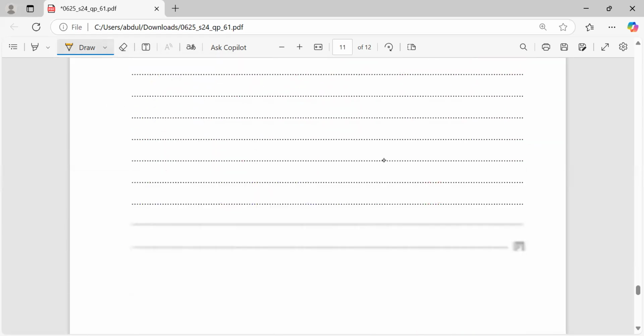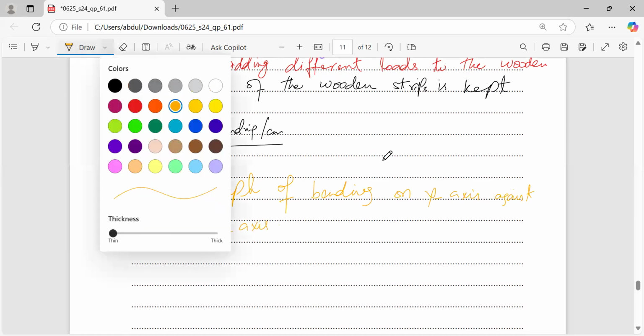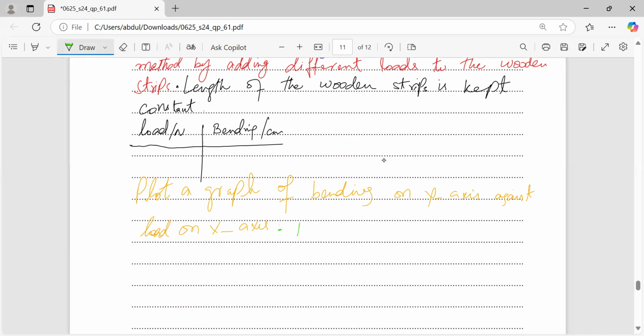So my dear friends, plot a graph of bending on the y-axis against load on the x-axis, and then always write this point: repeat the experiment.